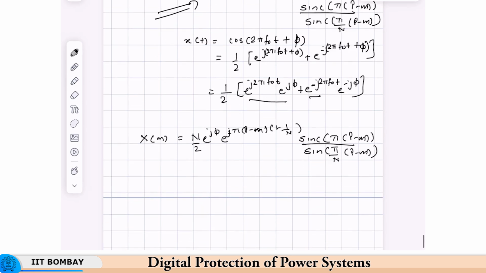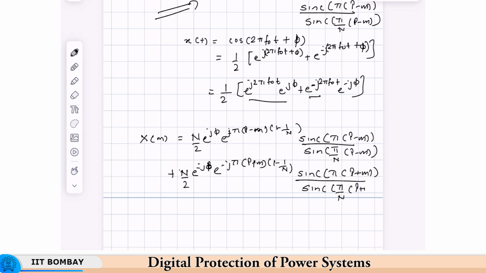pi by n p minus m. Again, these expressions do seem to be a bit tedious, but once you get used to them, they will appear quite routine, into sinc of pi p plus m upon sinc pi by n p plus m.